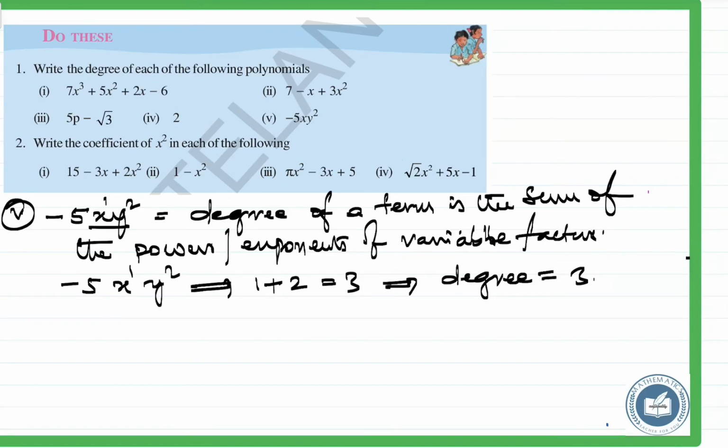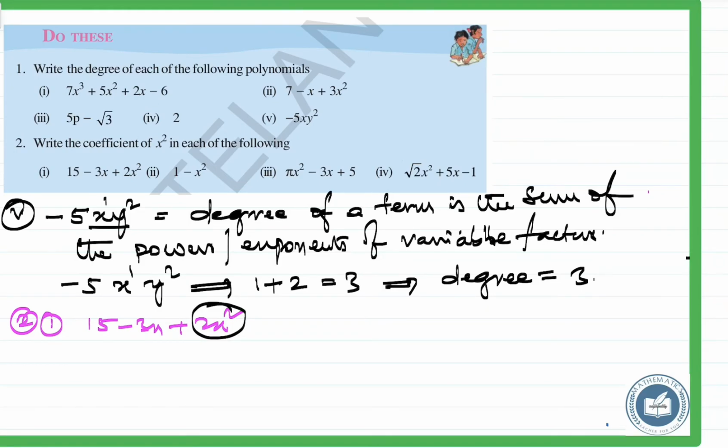Okay, next, write the coefficient of x square in each of the following. We just have to write the coefficient of x square in the given polynomial. The first question is 15 minus 3x plus 2x square. First we have to identify the x square term. This is the x square term.